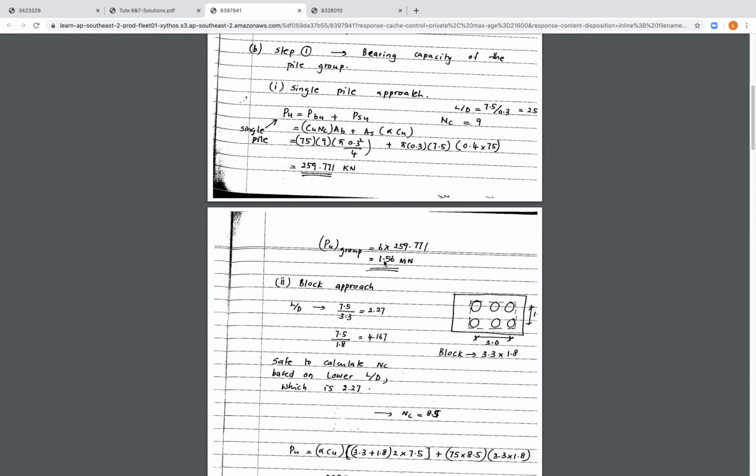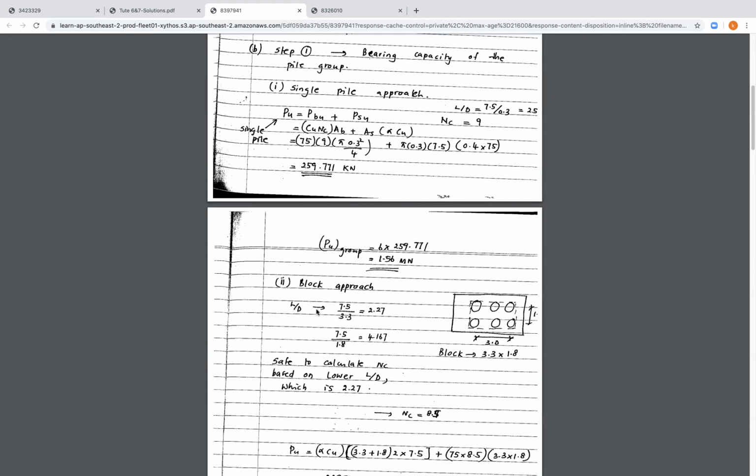Now we need to check this value against the block failure approach. In the block failure approach, what's going to be different is the shaft area and the cross-sectional area of the block of the piles. And obviously we need to recheck the value of Nc, because we know the value of Nc is dependent on the length over diameter ratio.